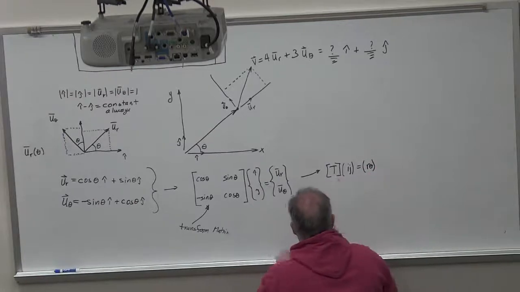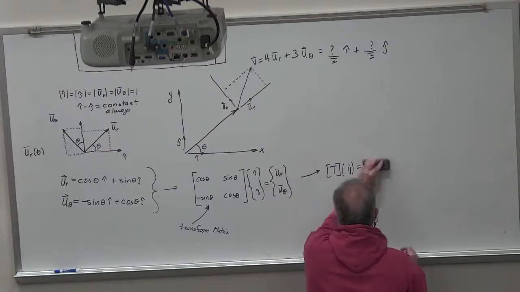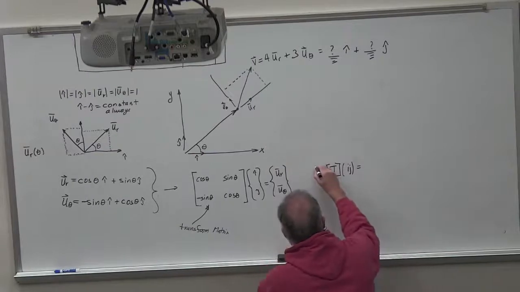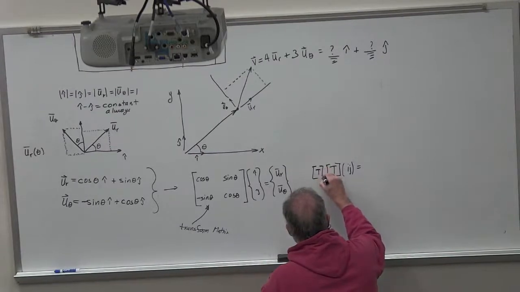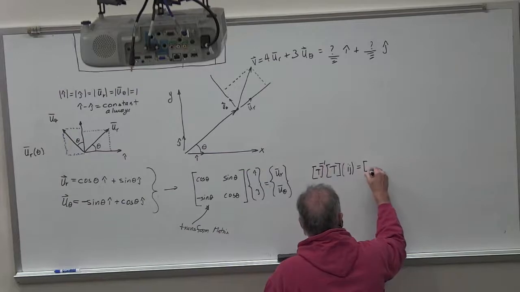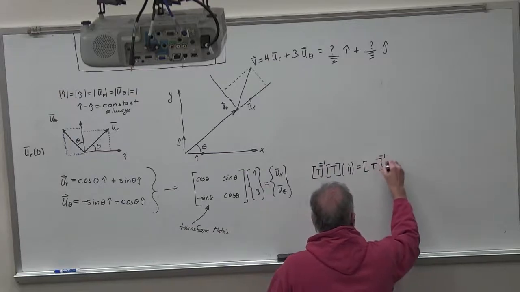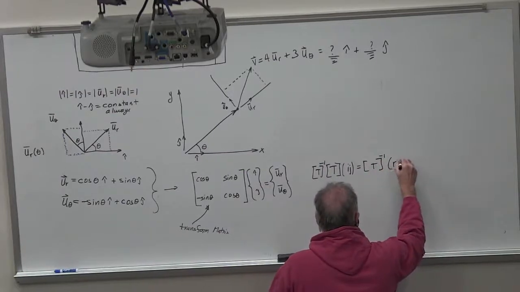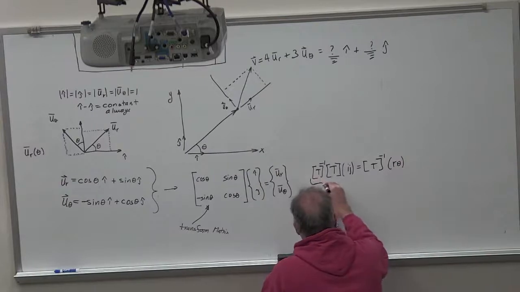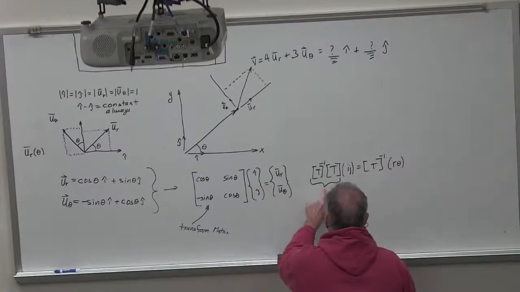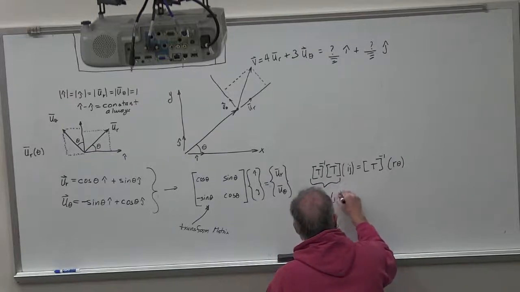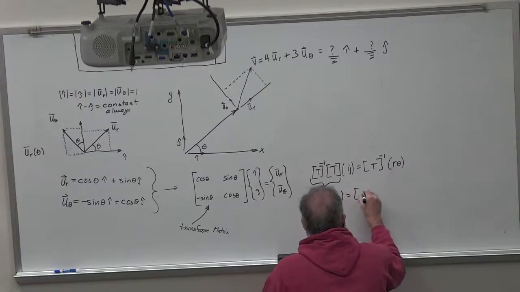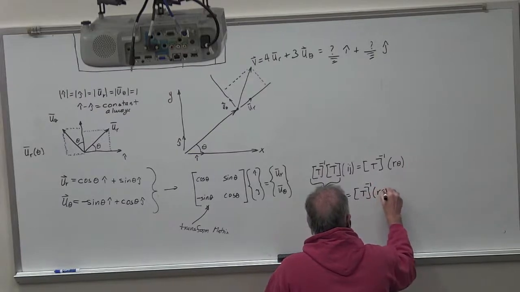So if I take this, slide it over, and multiply by the inverse of the transformation matrix, then that'll come out to be the identity matrix, and this will be the transformation of this.